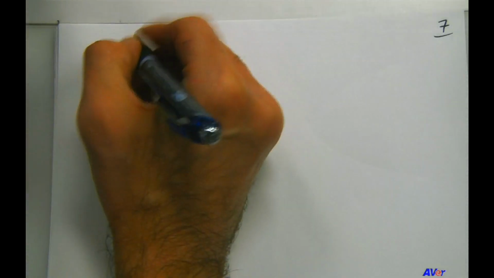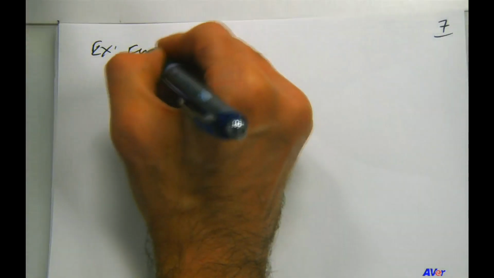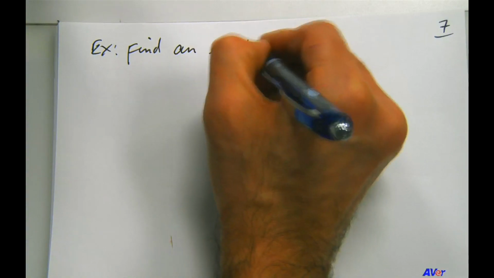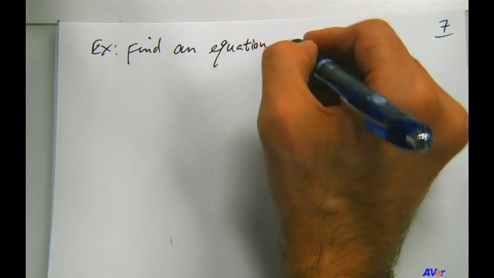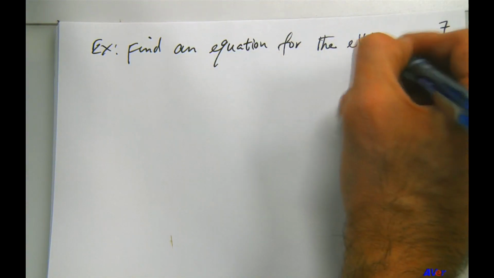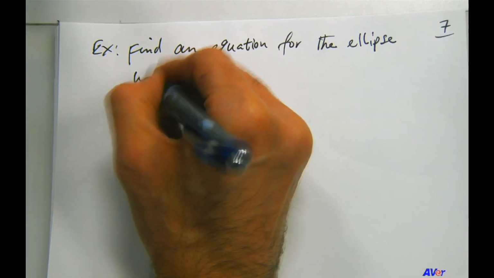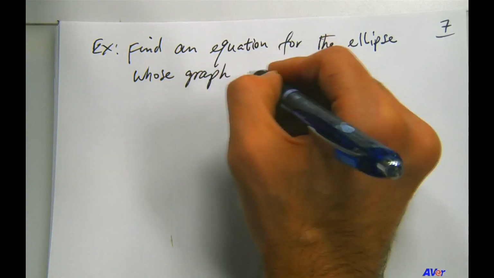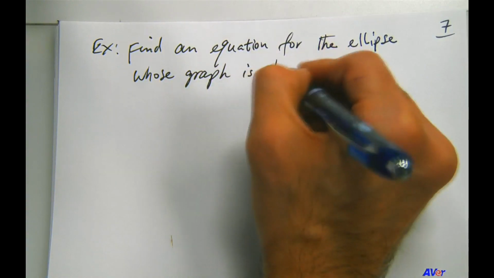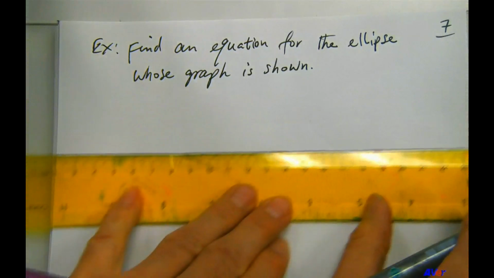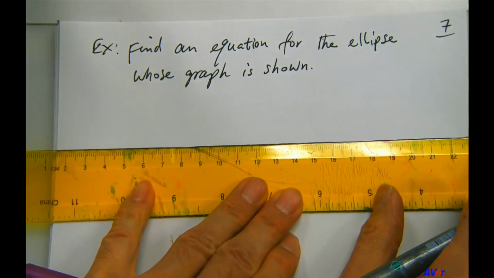So in this example, we want to find an equation for the ellipse whose graph is shown. Okay, so let's see what the graph looks like. It's a horizontal ellipse.